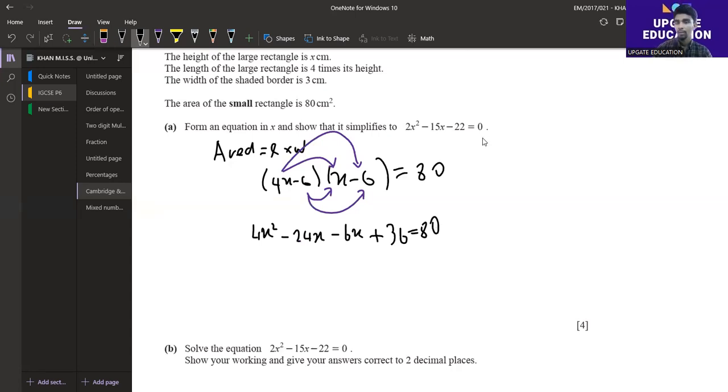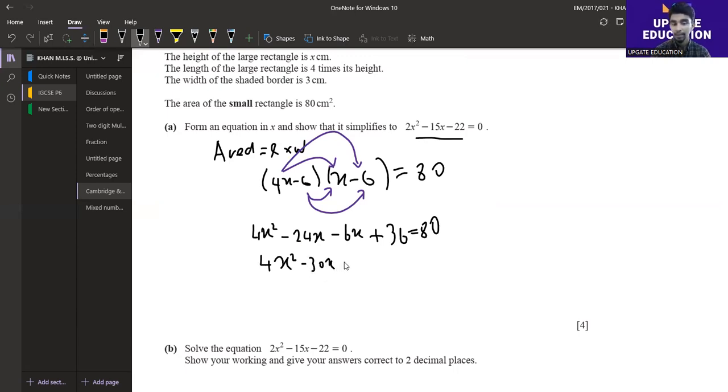Now, just look at this equation. On the right-hand side, it's 0. So I'm going to take this 80 to my left-hand side. I'll put 4x squared, because there are no other squares. And there are two minuses, minus 24x and minus 6x, so it would obviously be minus 30x.